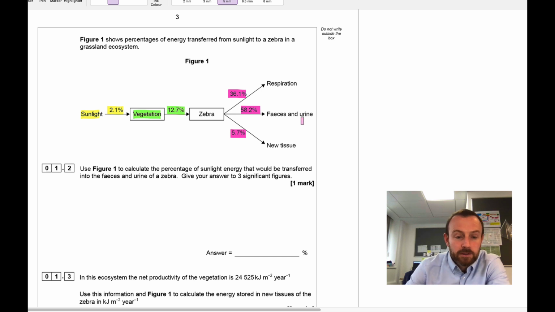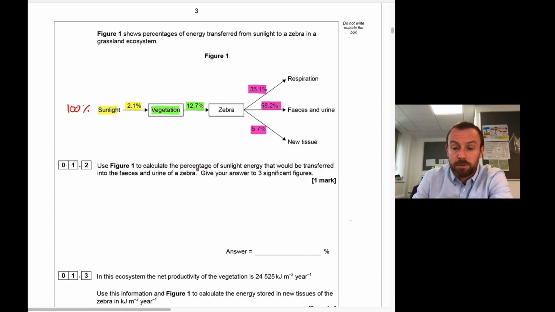Wow. Use figure 1 to calculate the percentage of sunlight energy that would be transferred into the feces and urine of a zebra. That's important, because I just assumed that the question was going to ask me how much makes it into the new tissue, so I almost went ahead and calculated the wrong thing. It's into the feces and urine, so we want to look at this number here.